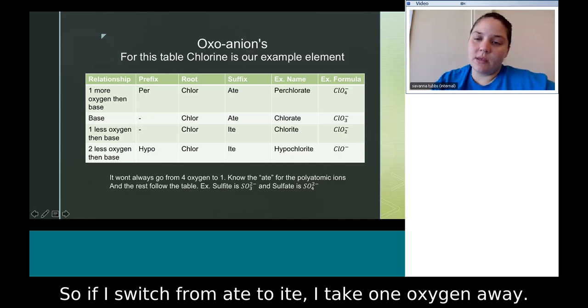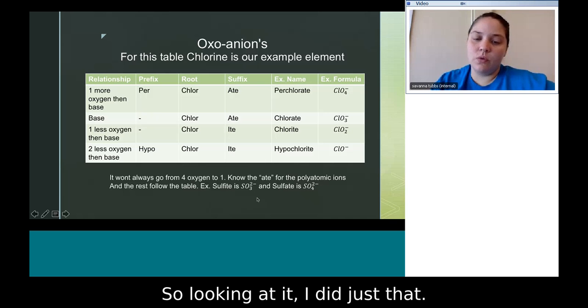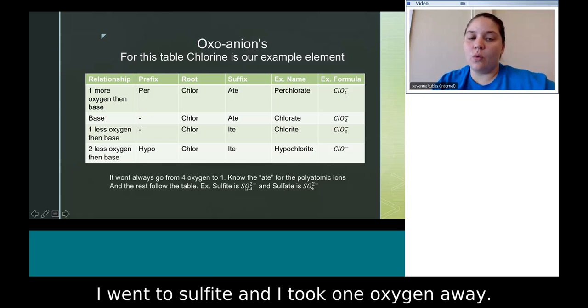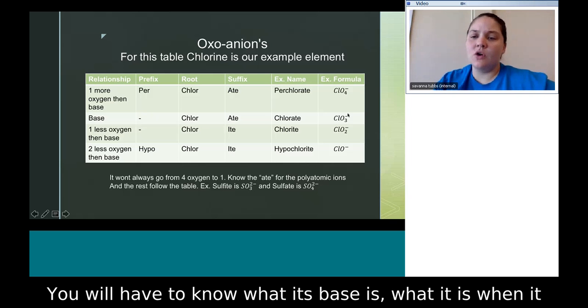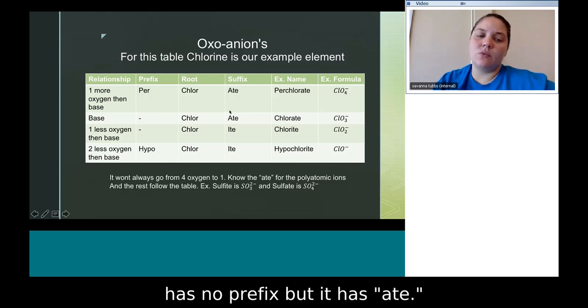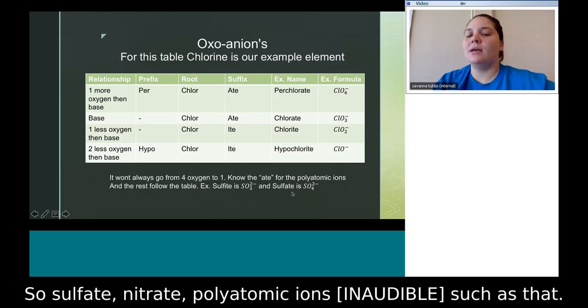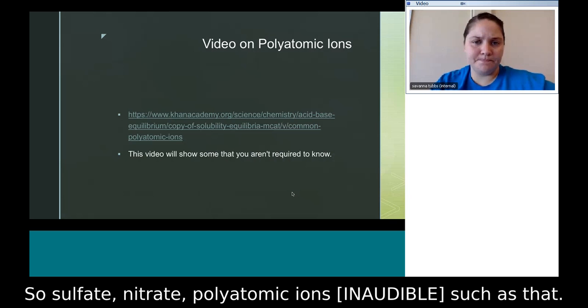If I switch from ate to ite, I take 1 oxygen away. I went to sulfite and I took 1 oxygen away. So it fits the same rule, but you will have to memorize something. You will have to know what its base is, what it is when it has no prefix, but it has ate. Like sulfate, nitrate, polyatomic ions such as that.